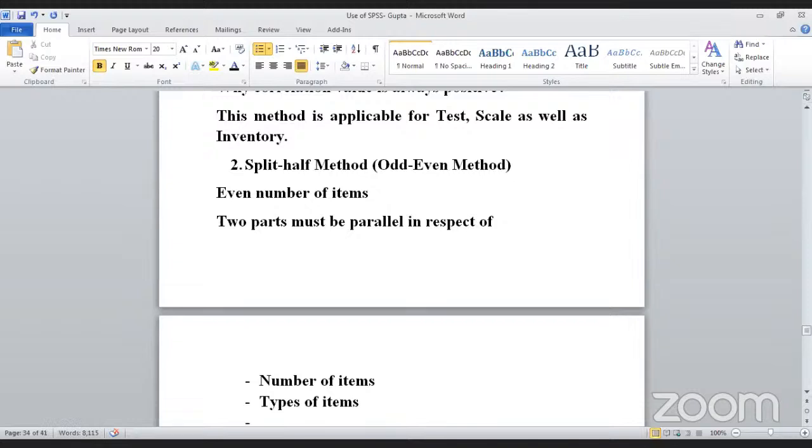Once I say types, it means if they are multiple choice, then you must have multiple choice in both. Then each aspect, each dimension must be represented.